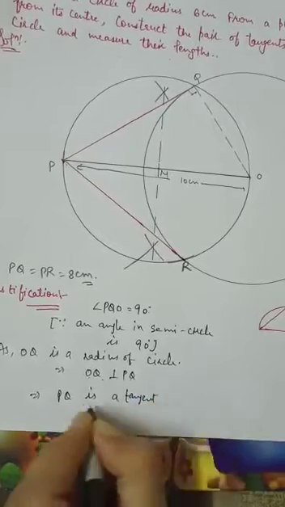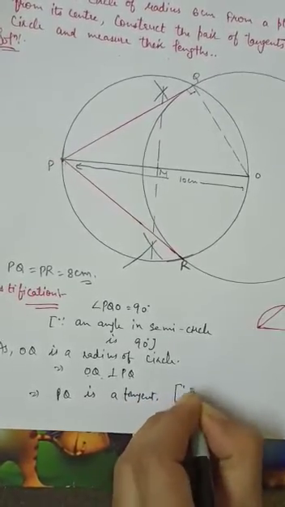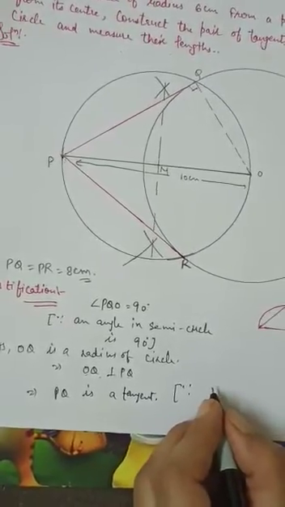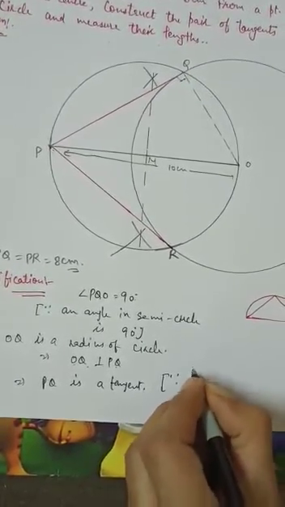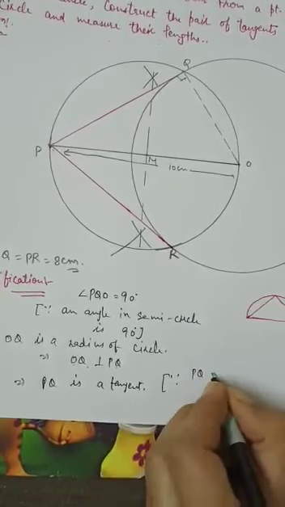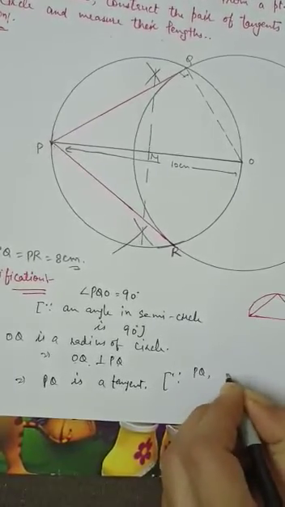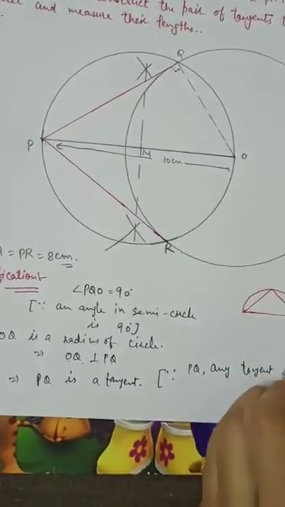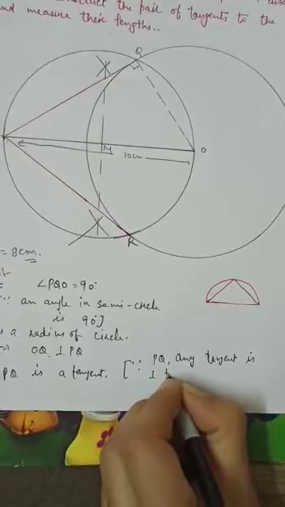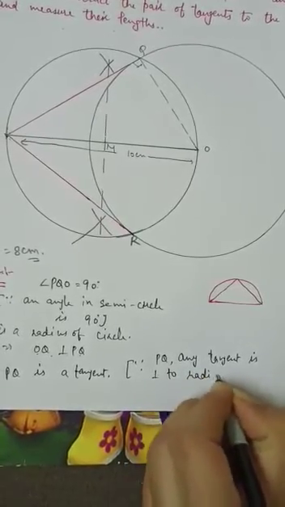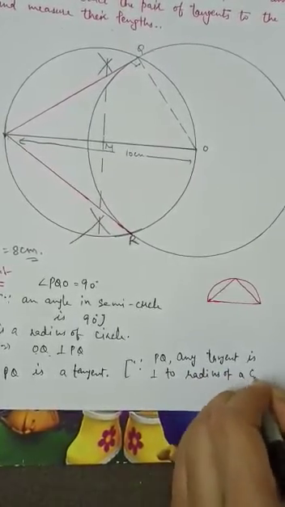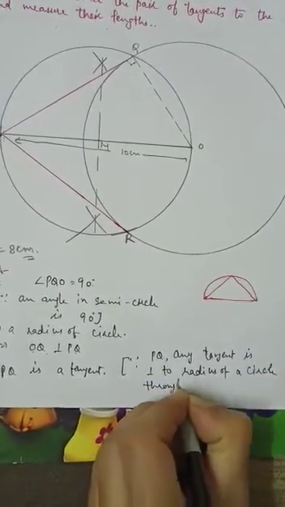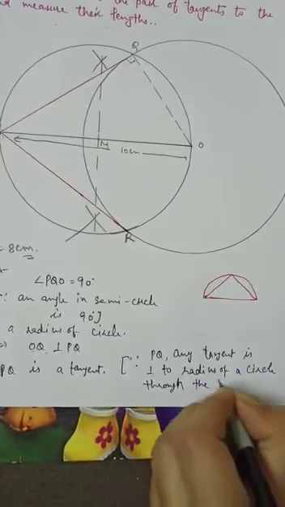Why can we say PQ is a tangent? As in the 10th chapter, Exercise 10.1, we studied the theorem: a tangent is perpendicular to the radius of a circle through the point of contact.